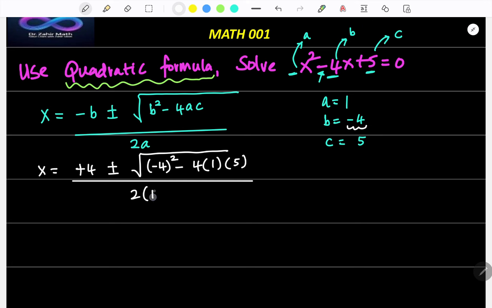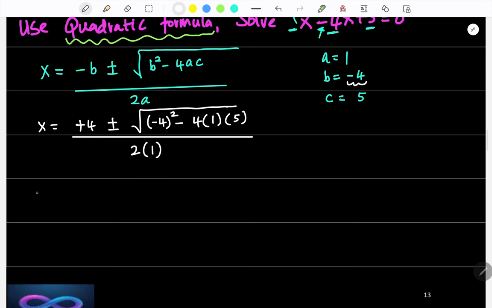So 2 into a is 2 into 1. Right? So x equals plus 4 plus or minus. Don't simplify on your own. Please use calculator because sometimes you'll make mistakes, right? So put all these things in the calculator. If I put all these things in the calculator, I'm getting negative 4, okay, divided by 2, right?